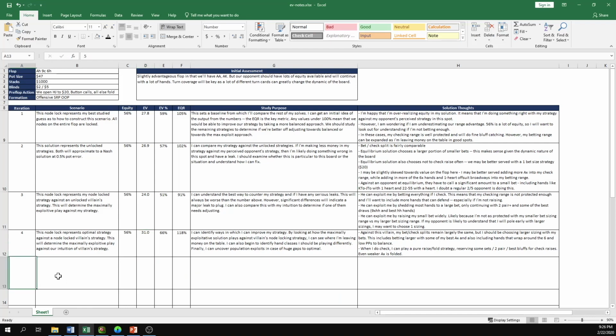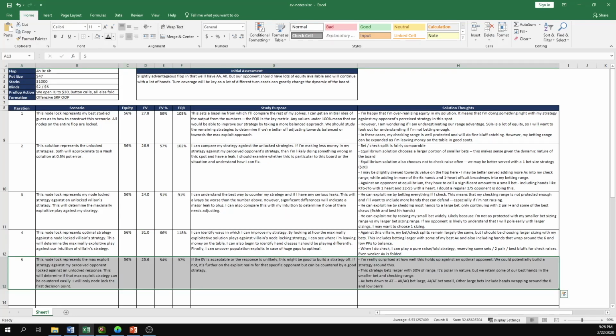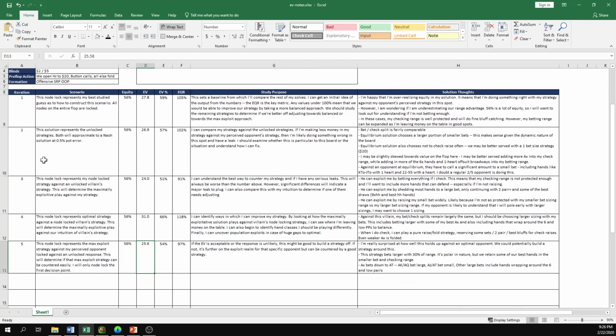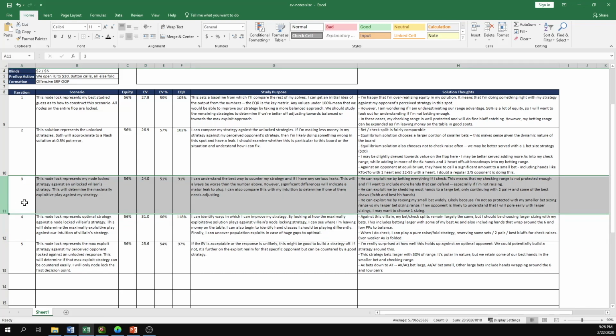When you look at the spreadsheet here, what you'll see is the EV now drops down to 25.6, which is, again, going to be lower than the overall equilibrium strategy. It's always going to be lower in this spot because we are opening ourselves up for counters by not playing an equilibrium strategy. However, we're comparing it to solve number 3, because that's the best counter against our previous strategy.